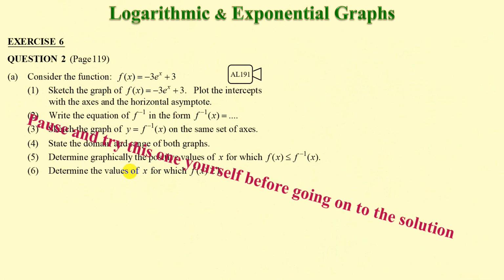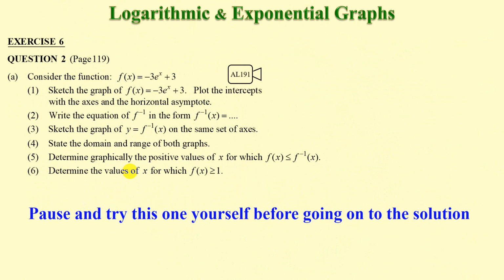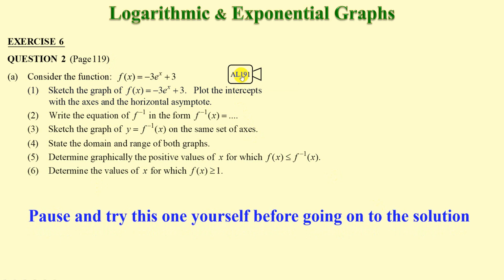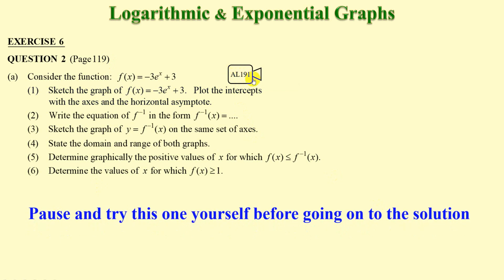Now we have exercise 6, question 2A, on page 119 of the textbook. It says pause and try this one yourself before going on to the solution. It does have the solution, in fact.